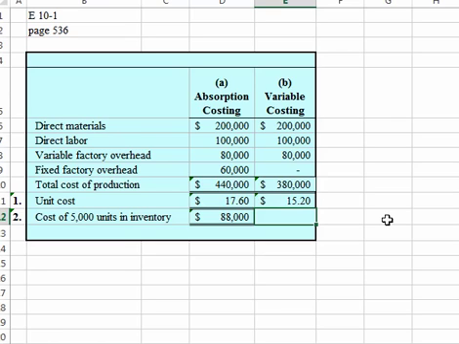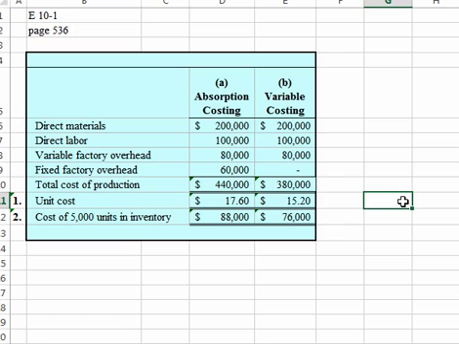It's going to be less under variable. Because the difference being the fixed cost, excuse me, part of your fixed factory overhead costs are being carried in inventory under absorption costing, and all of the fixed factory overhead costs under variable costing are being expensed in the current year.